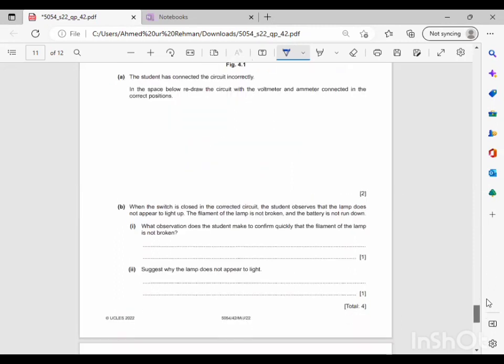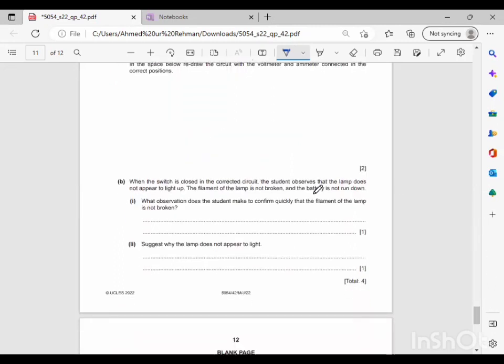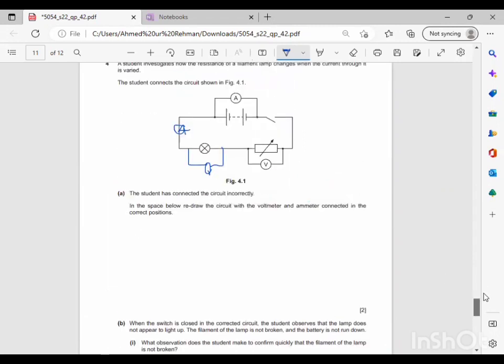When the switch is closed in the corrected circuit, the student observes that the lamp does not appear to light up. The filament of the lamp is not broken and the battery is not run down. What observation can the student make to confirm quickly that the filament of the lamp is not broken? Okay, so what will tell you that the filament is not broken? When your ammeter records a reading, right?